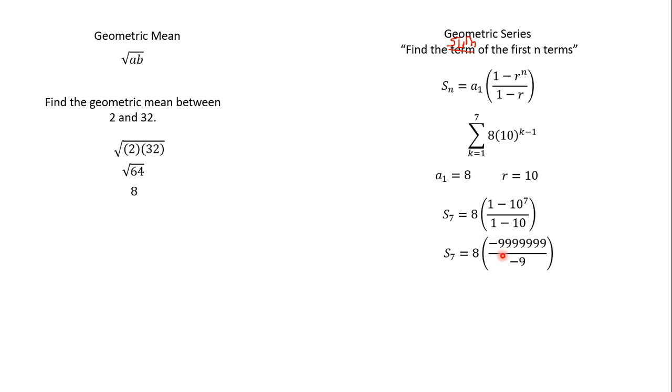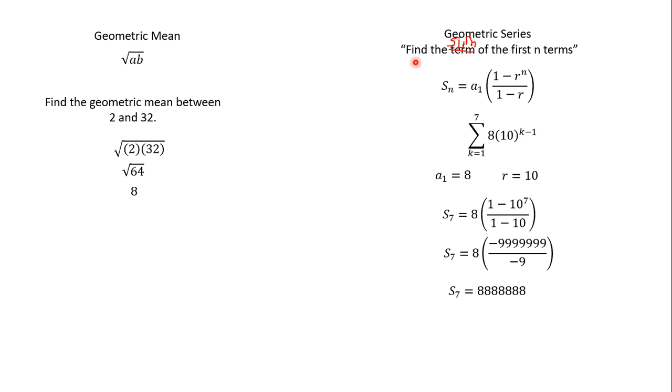And then negative divided by negative is positive. 7 nines divided by 9 is going to be 7 ones times 8 is 7 eights. Which actually makes sense when you look at this. The first term is 8. The second term, multiply by 10, 80, plus 800, plus 8,000, it would make sense that we'd have a whole bunch of 8s there.